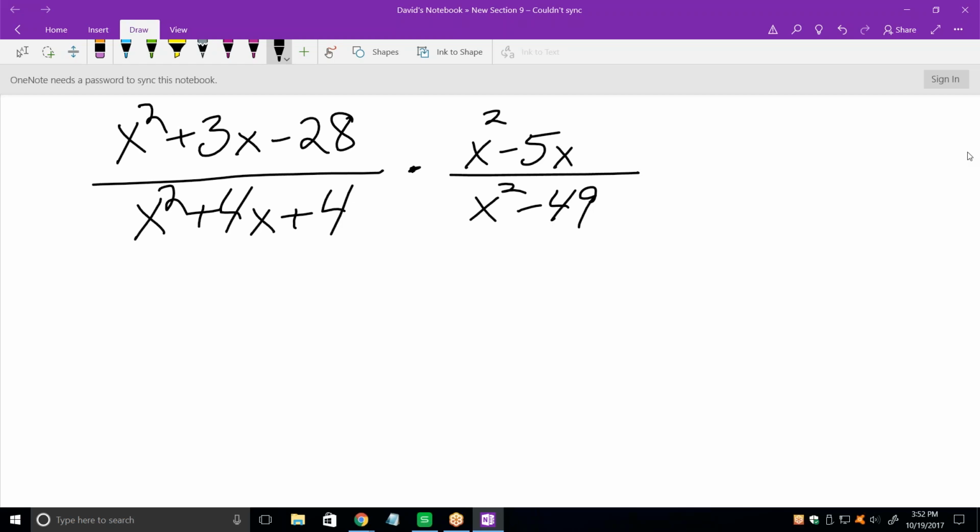Okay, I just skipped a step. In other words, it's originally divided by the x squared minus 49 that was in top. Okay, so all 4 of these can be factored. Let's do it.